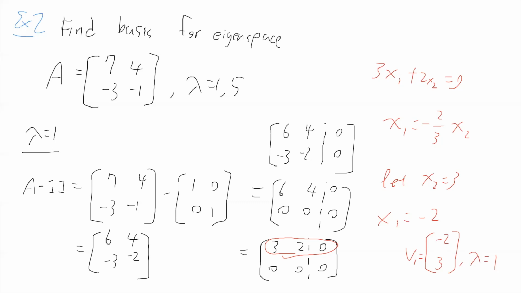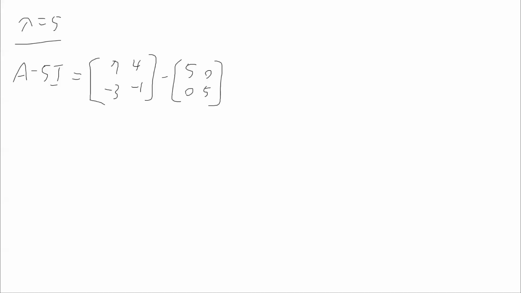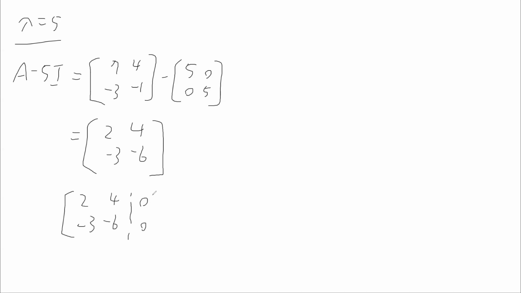And let's do another one, picking lambda equal to 5. All right, so here we go. A minus 5I. We have 2, 4, -3, -6. Let's look at the augmented matrix: 2, 4, -3, -6, 0, 0. If I multiply the first row by 3/2, then I get exactly the opposite of this.